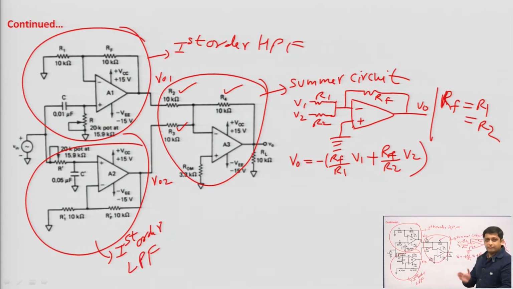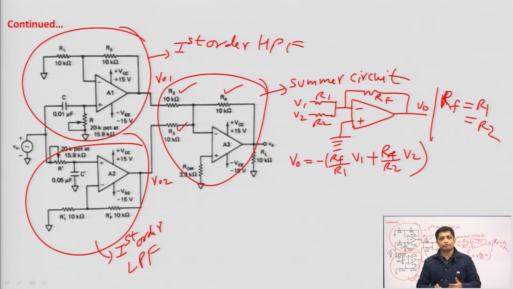The two voltages will be added, but the minus sign will come because of this inverting configuration of A3 op amp. So, don't get confused with the minus sign, it just represents that the output is 180 degree out of phase with input, fine.